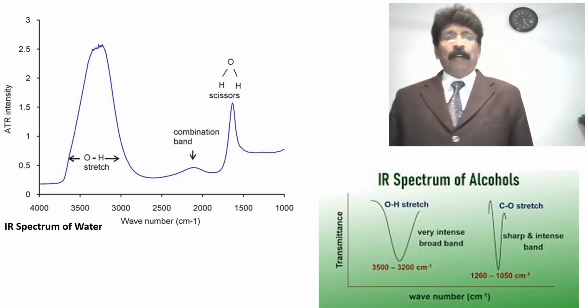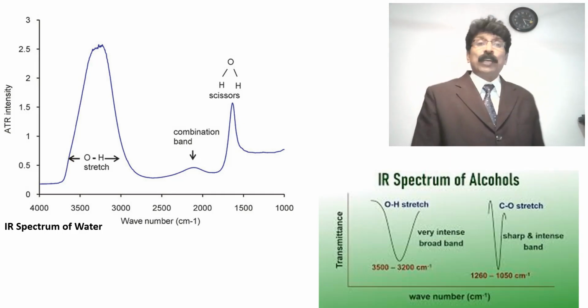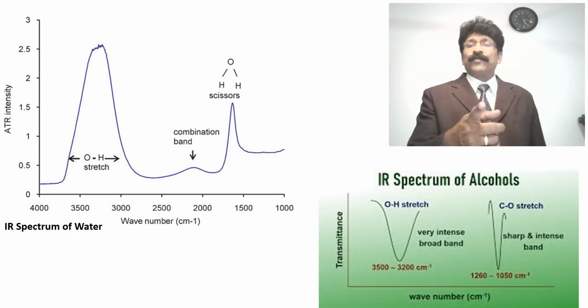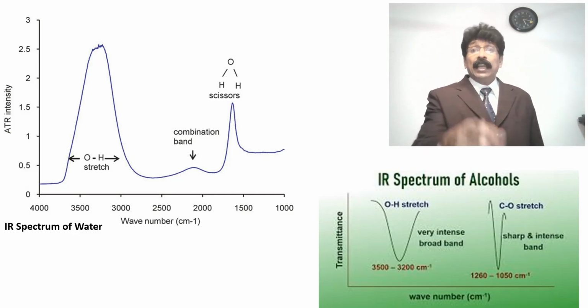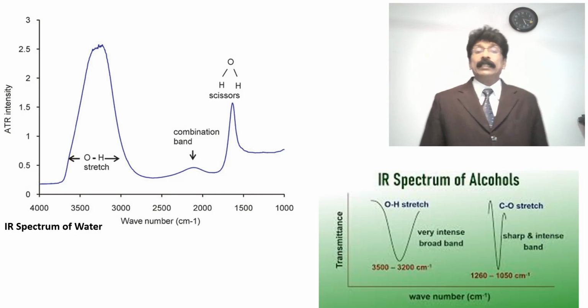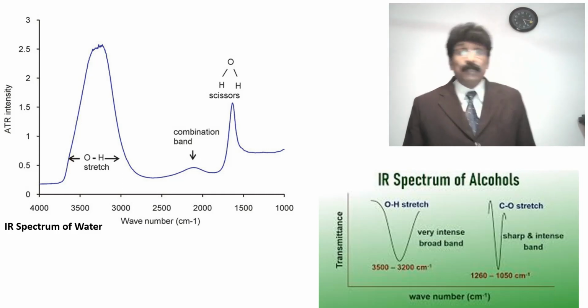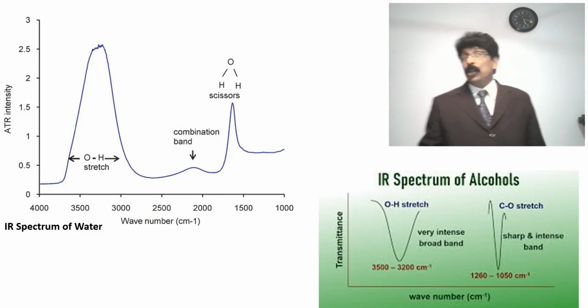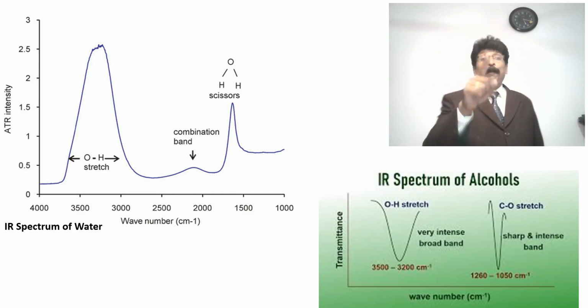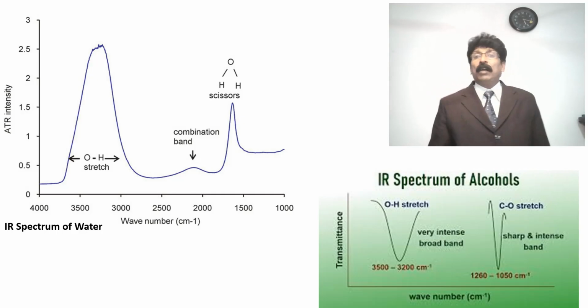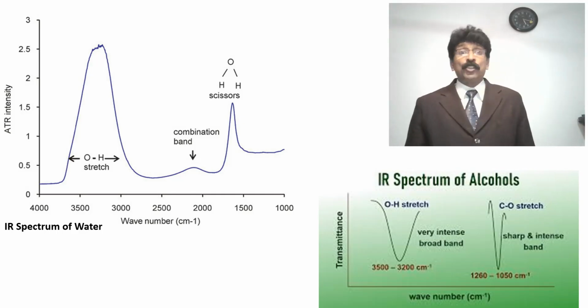You have a peak, and you can see I have also shown it for water. Scissoring bending will cause a peak at 1500 centimeter inverse, and the OH peak is between 3500 and 3200, as you have seen in alcohol. Even in water, because O is bonded with hydrogen, it gives a peak in that area.